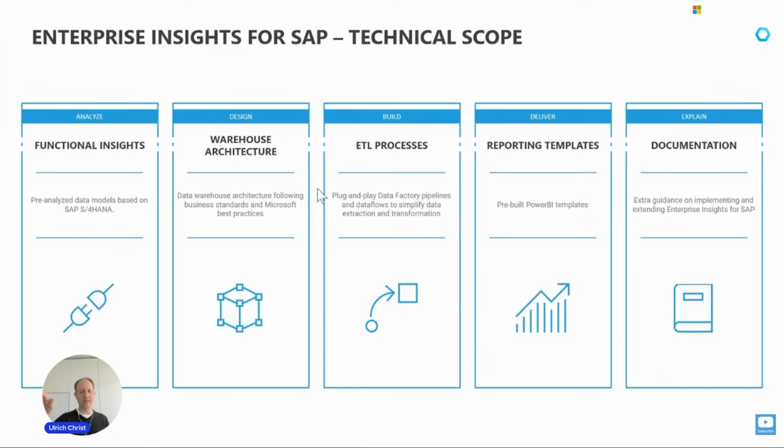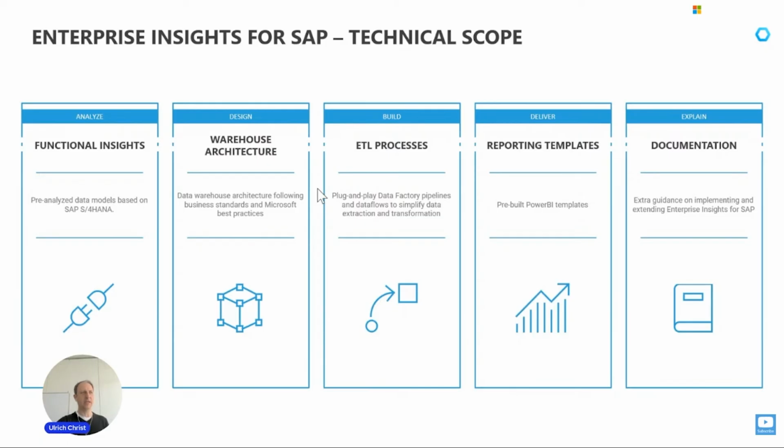There's probably a slide later on, or maybe I skipped that additional slide, but it handles things like hierarchies in SAP, your cost center hierarchy, your profit center hierarchy. All of these hierarchies can be extracted from SAP and are transformed in a way that Fabric and Power BI can use them. Things like currency conversions are also handled by Enterprise Insights and provided out of the box as part of the ETL processes, so that you get the data in a consumable format.